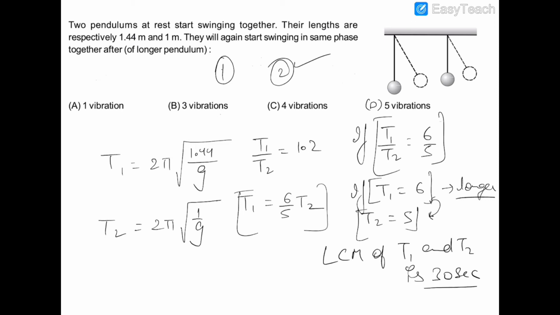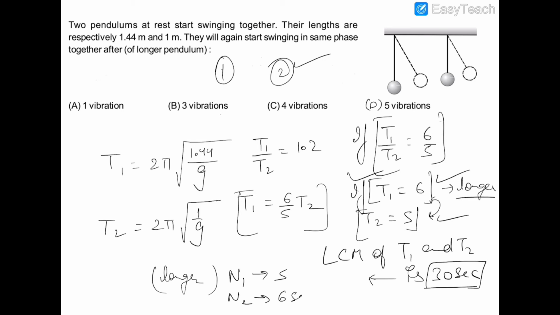So in 30 seconds they would be swinging in the same phase, and therefore in 30 seconds the longer pendulum, which has a time period of 6 seconds, would complete 5 oscillations, and the shorter pendulum would complete 6 oscillations. We have to find the number of oscillations completed by the longer pendulum, and that would be 5 vibrations. So the correct answer would be option number D.